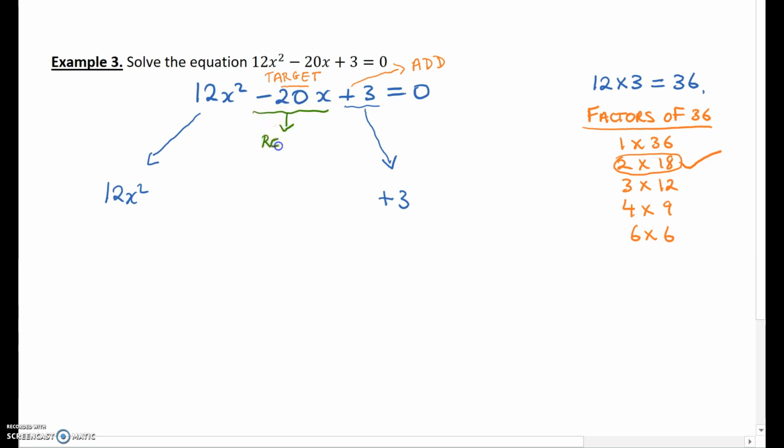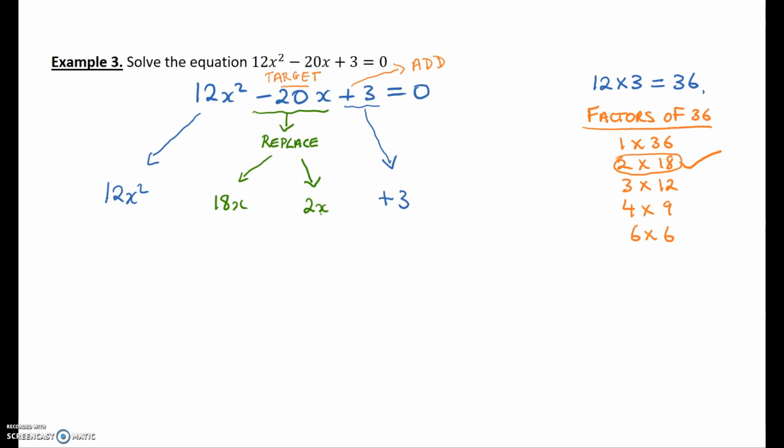We always replace the middle term in these problems. We're going to replace it with this combination, 18 and 2. So it's going to be 18x and 2x. Now we have to figure out what sign should be in front of each of these.